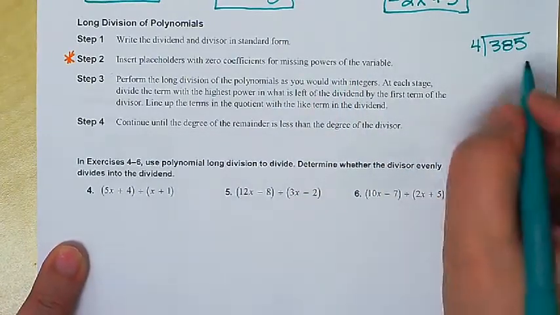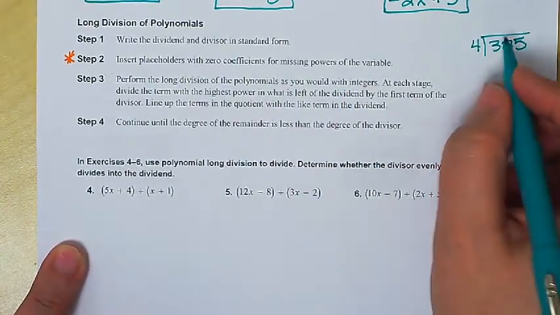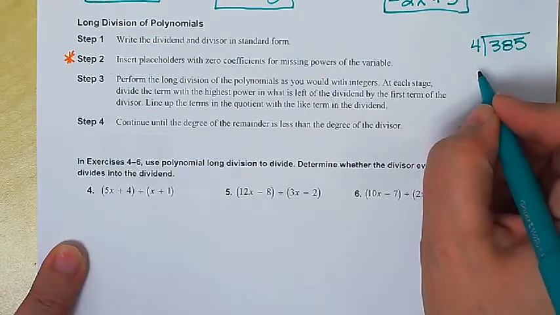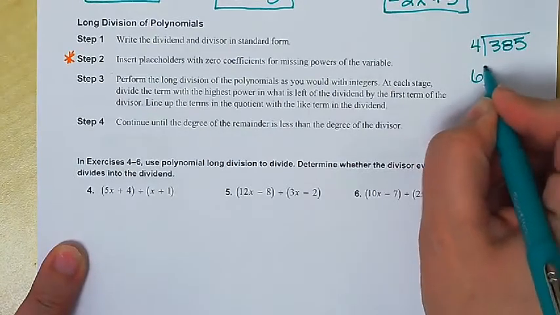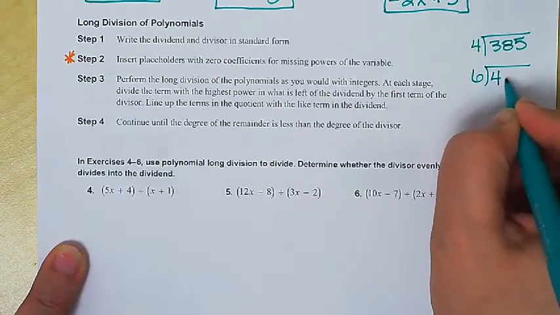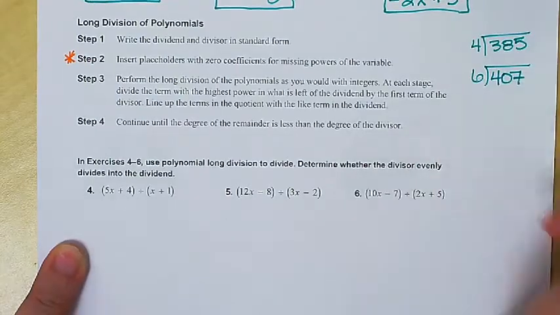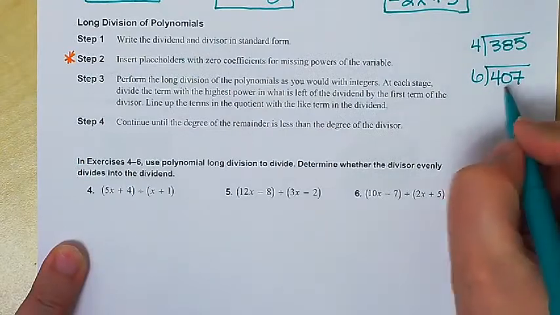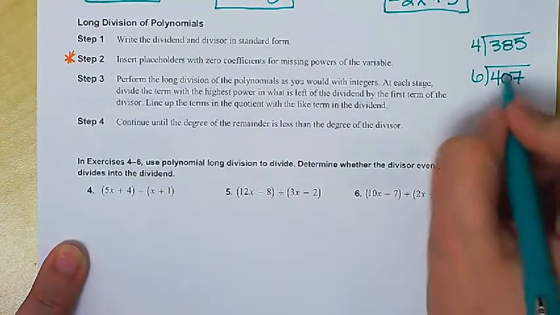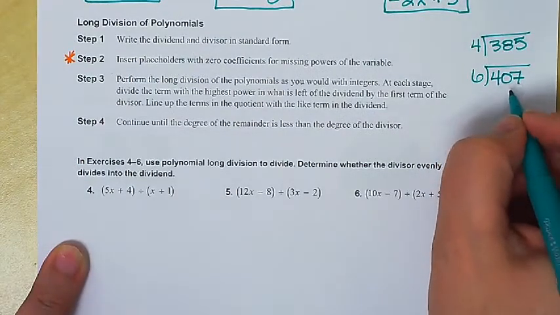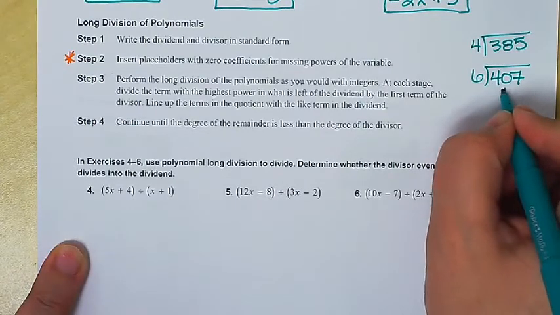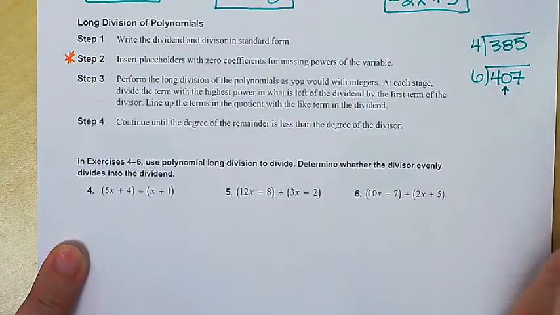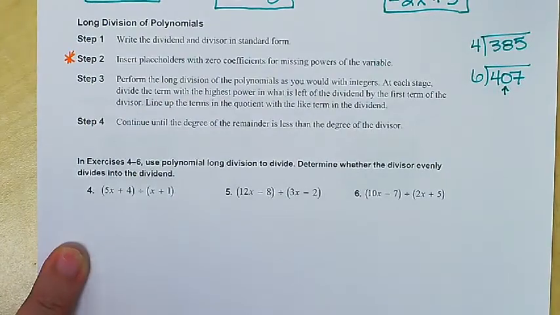And what that means is this. The reason you didn't have to worry about this in elementary school is, let's say I give you a different example. Let's say I was dividing 407 by 6. This was already done for me, because the way that we write our numbers already inserts a 0 placeholder for any empty values.